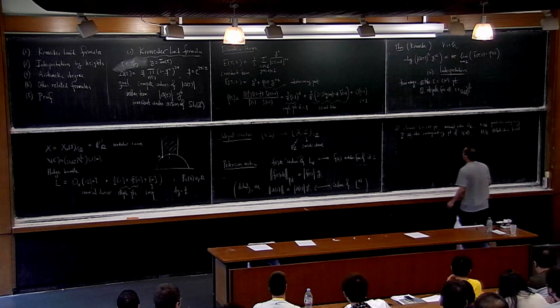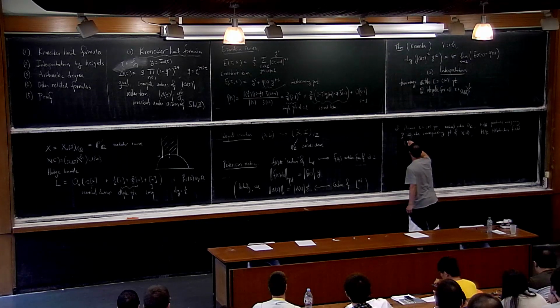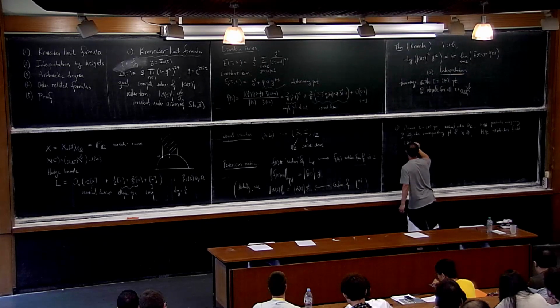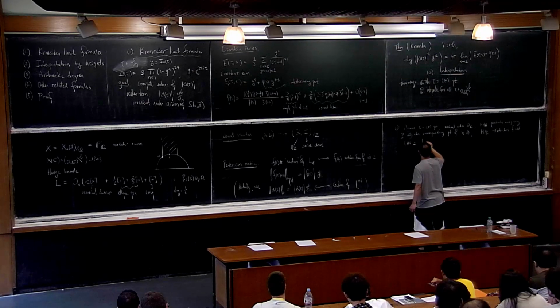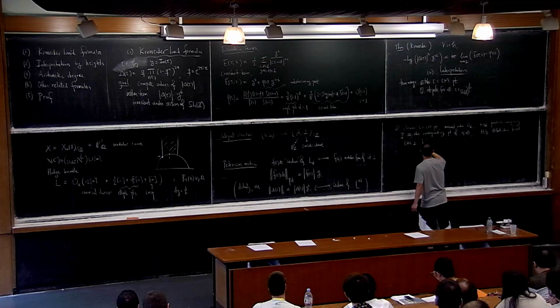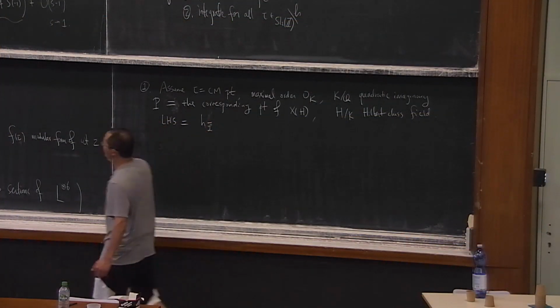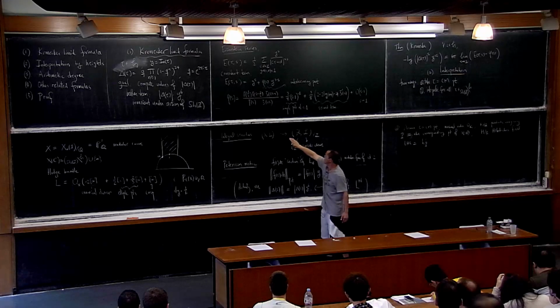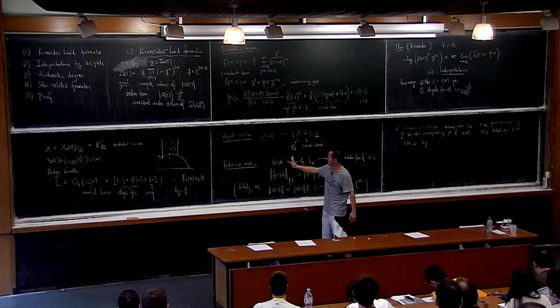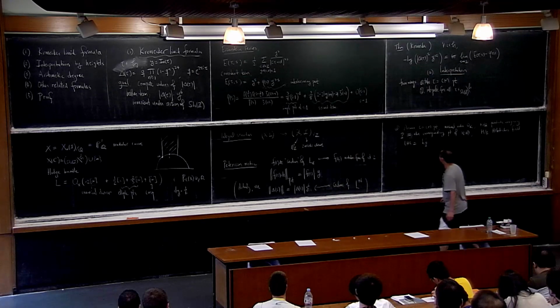So then the left-hand side becomes the height of L bar at P. L bar means, since we have an integral structure and the Petersson metric, we get a Hermitian line bundle.